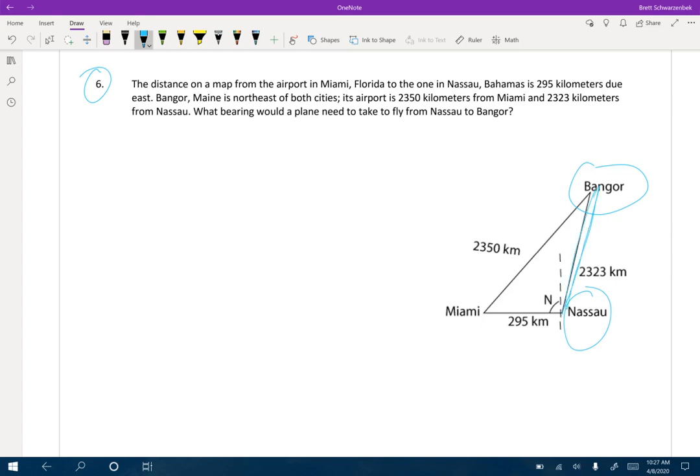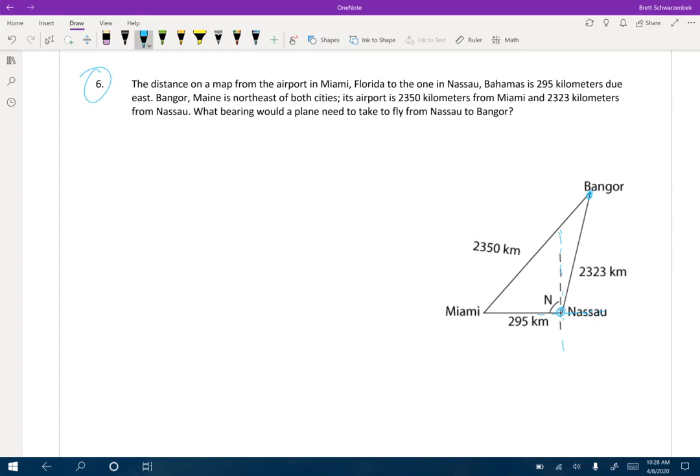Okay, so we have to basically look at what bearing this is going to take. The key is you have to just sort of stare at this little triangle over here. So what is our east-west line? It's right here. What's our north-south line? Right here, right? So if I want to go from this point to this point, what would be the bearing?